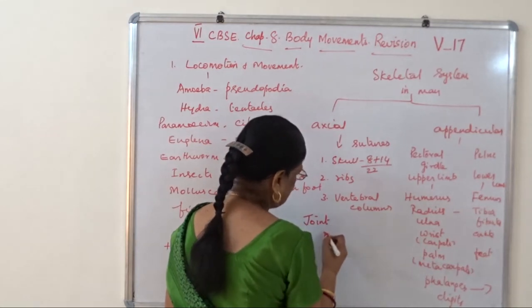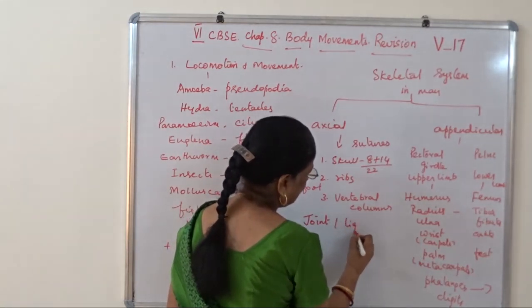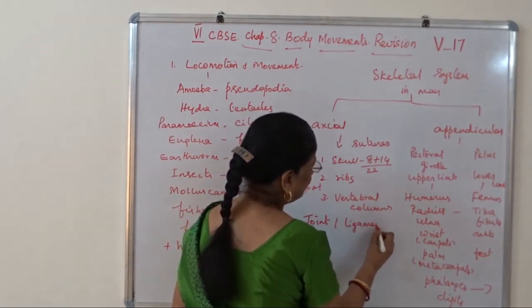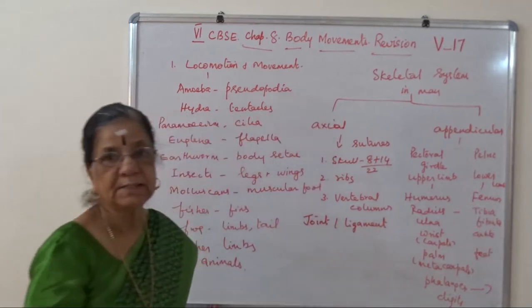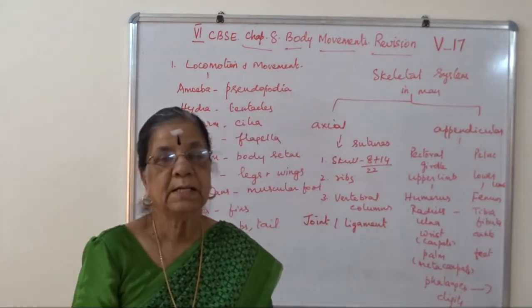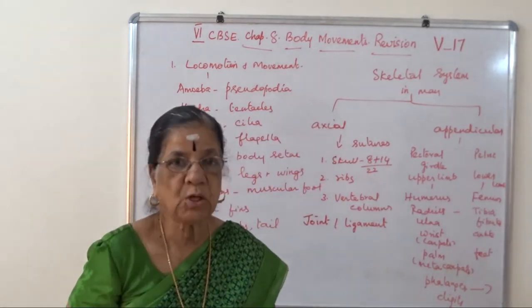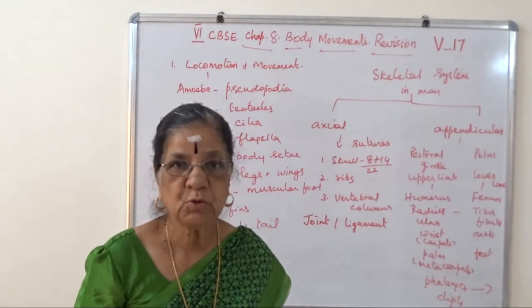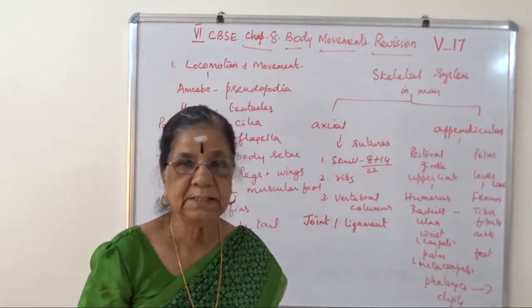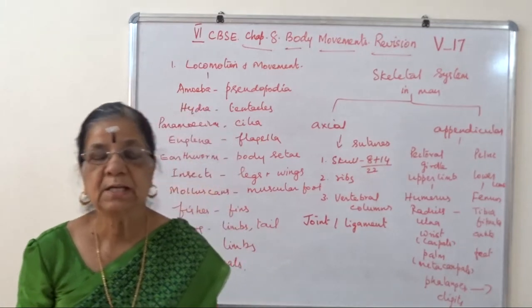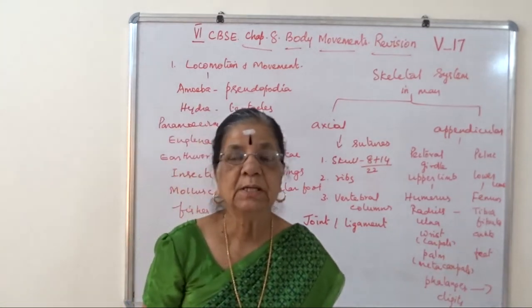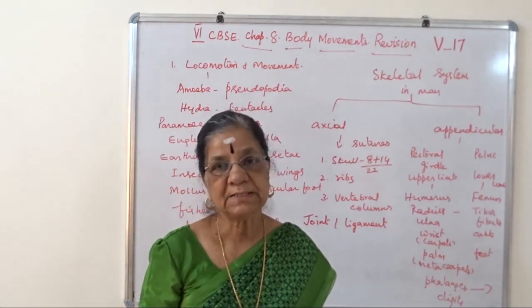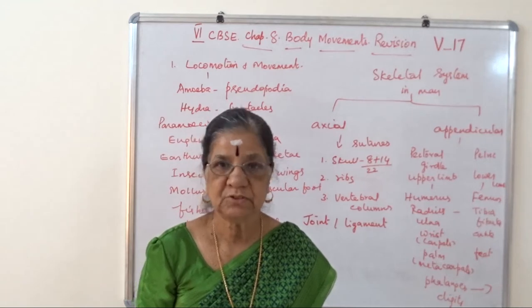Two bones are attached to each other by ligament, and joints are movable joint, immovable joint, and slightly movable joints.